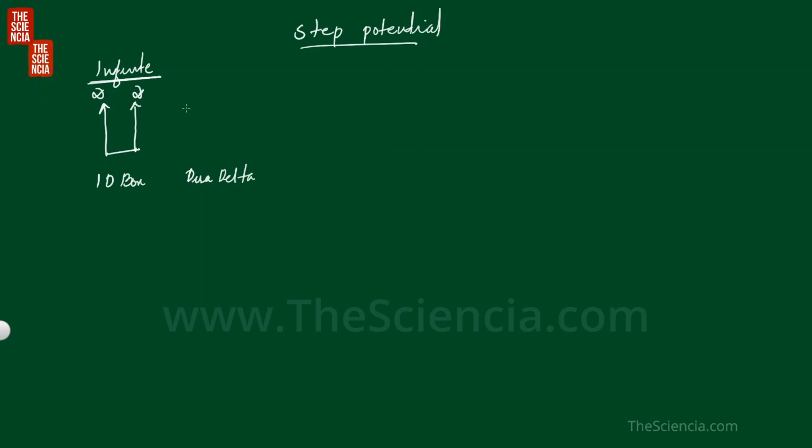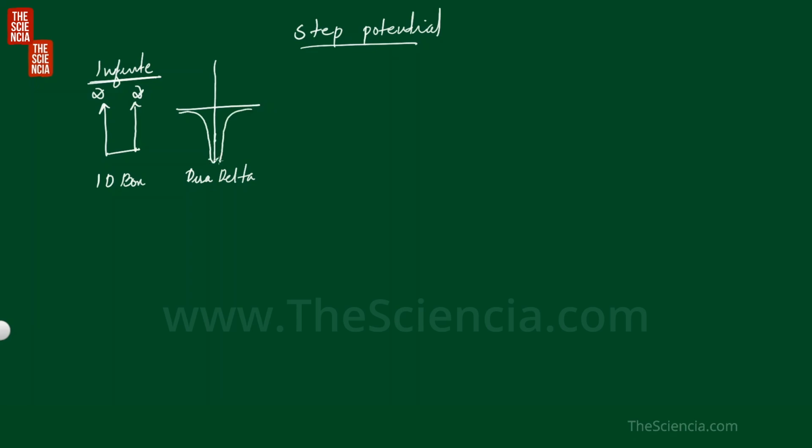Step potential. Earlier we discussed infinite potentials. That is, for the 1D box we took the potential walls extending up to infinity, and in the case of a Dirac delta potential, the potential is also infinite, like this one.